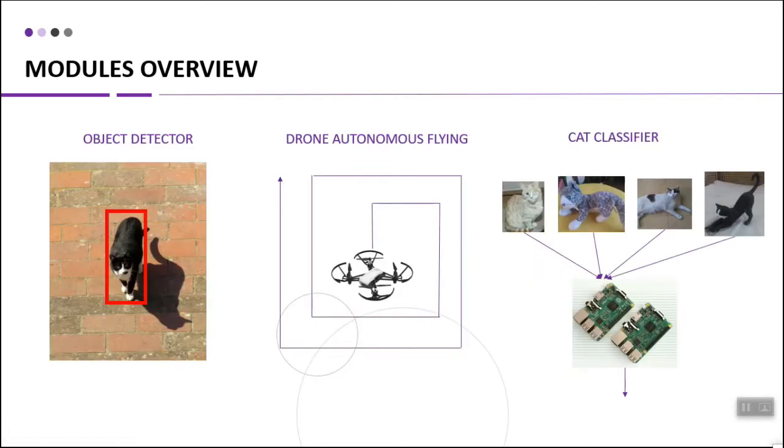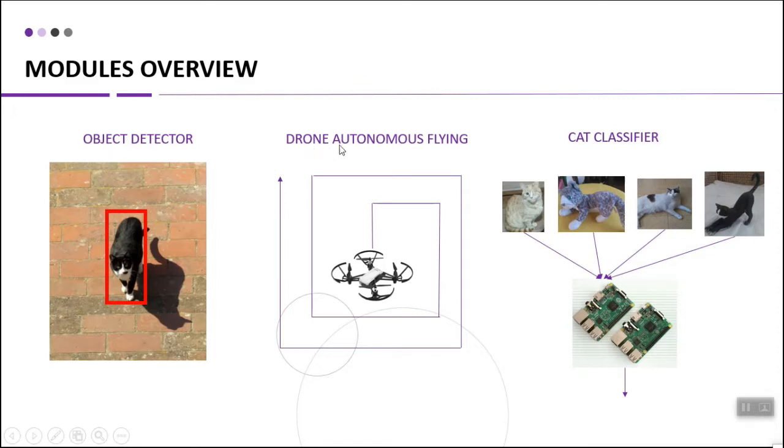Well, this project will have basically 3 modules. One is the object detector. This means that we have to find the coordinates of where a cat is, or where any cat can be in an image, regardless of which cat it is. That's the object detector.